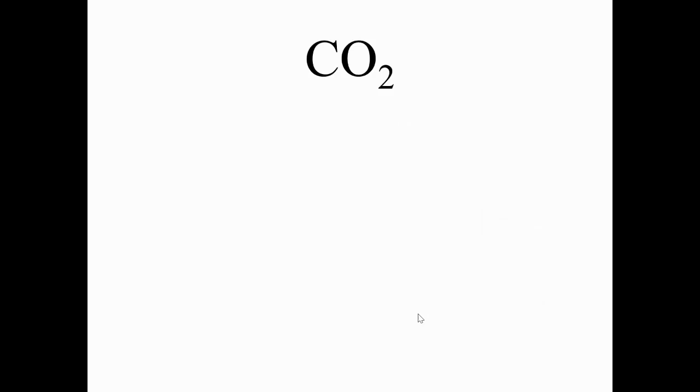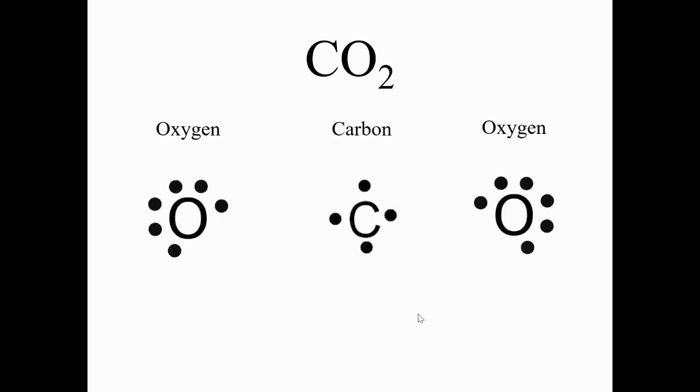Okay, so now let's do one that's a little tougher. Here's carbon bonding with 2 oxygen atoms. So we put the carbon in the middle, put the oxygen on the outside, put their valence electrons in there, and then we go, okay, how are we going to share them so that this one will add up to 8, this will add up to 8, and these will add up to 8?